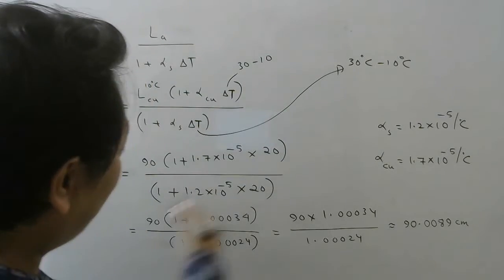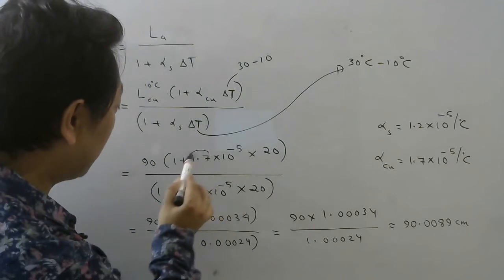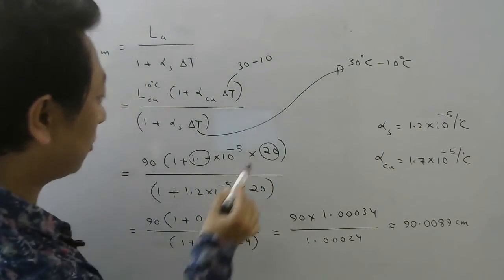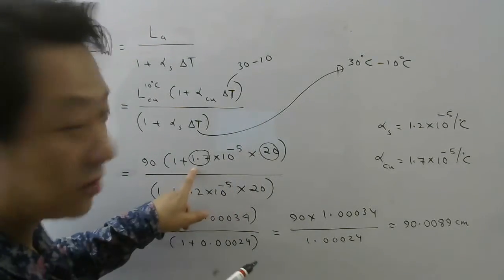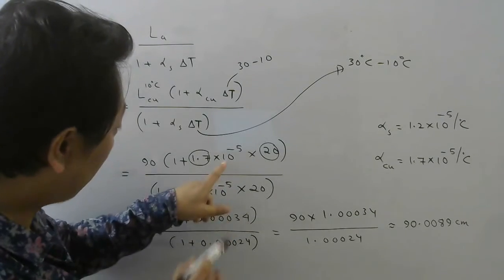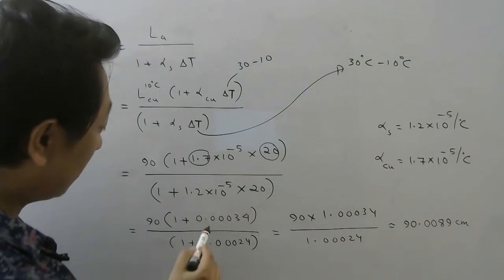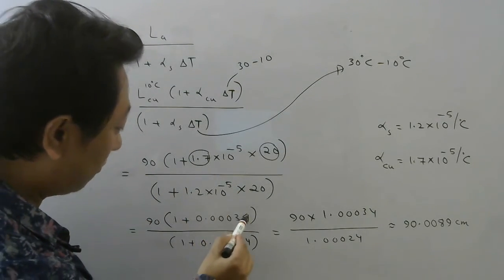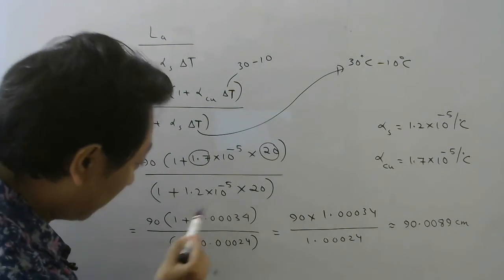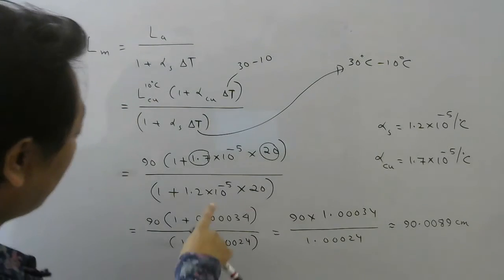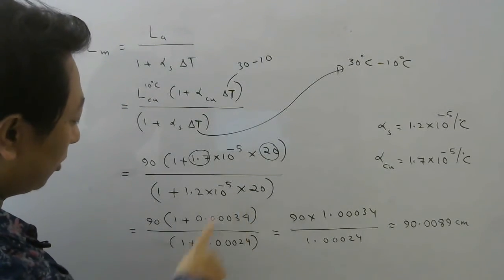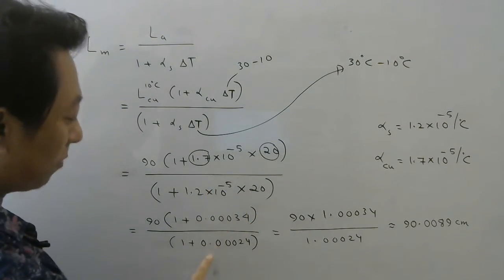To save time, I have done the calculation for you. You can see 1.7 into 20, that will be 2 sevens are 14, 1 carry, 2 ones are 2, 3, right? So that will be 34, isn't it? Then this is 10 power minus 5, so that will be 0.00034, right? This will be 34 into 10 power minus 5, after 5 digits. Similarly, 1.2 into 20 will be 24 into 10 power minus 5.